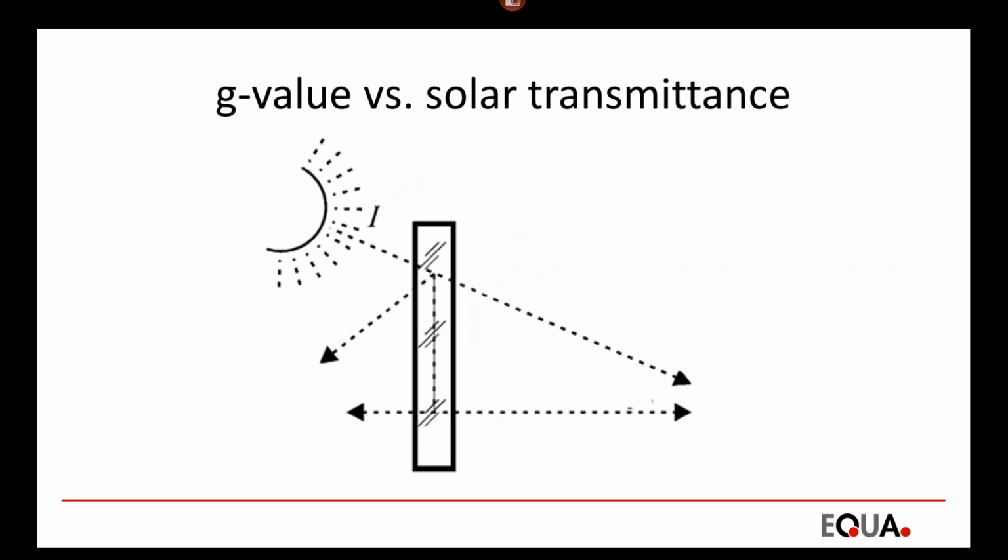That's the arrow at the bottom of the picture on the right hand side. Part of that is the solar ray transmittance, which is this arrow here, and that's the part of the load that you can actually see.